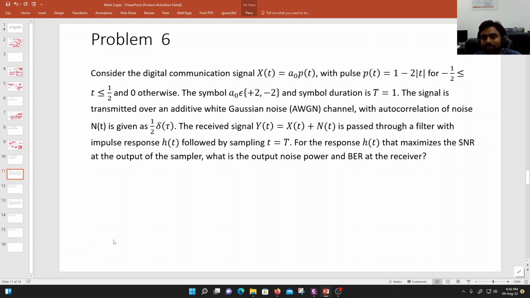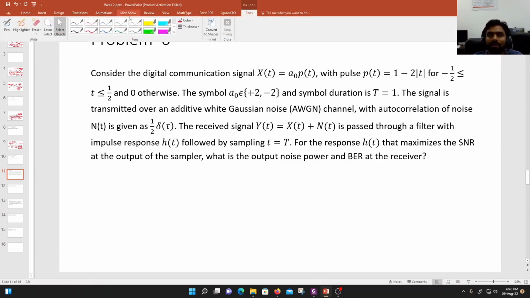Now the signal is again transmitted over AWGN with autocorrelation of the noise given as half delta tau, and the received signal is passed through the impulse response h of t followed by a sampler at t equal to capital T. For the response h of t that maximizes the SNR at the output of the sampler, what is the output noise power and BER at the receiver? So you have to find the output noise power and BER here.